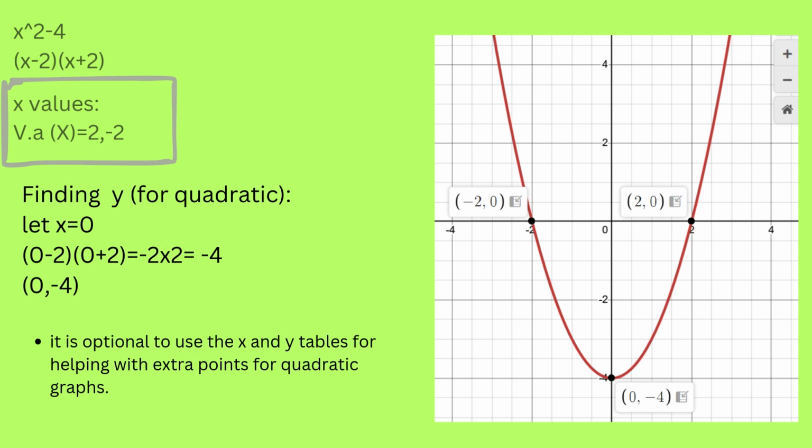If you want, you could also use tables to demonstrate your graph, because it makes it much easier to keep track of your reciprocal graph and asymptotes as well. So I also made a table here.